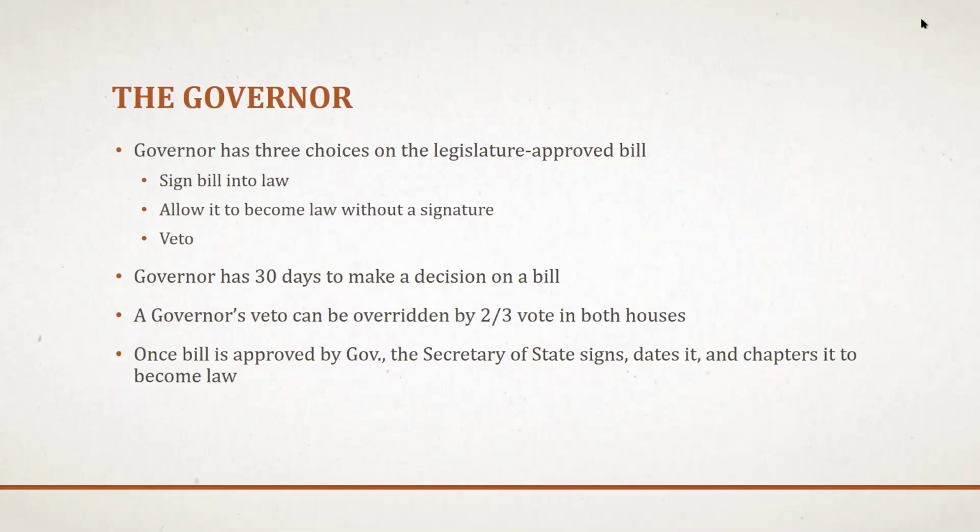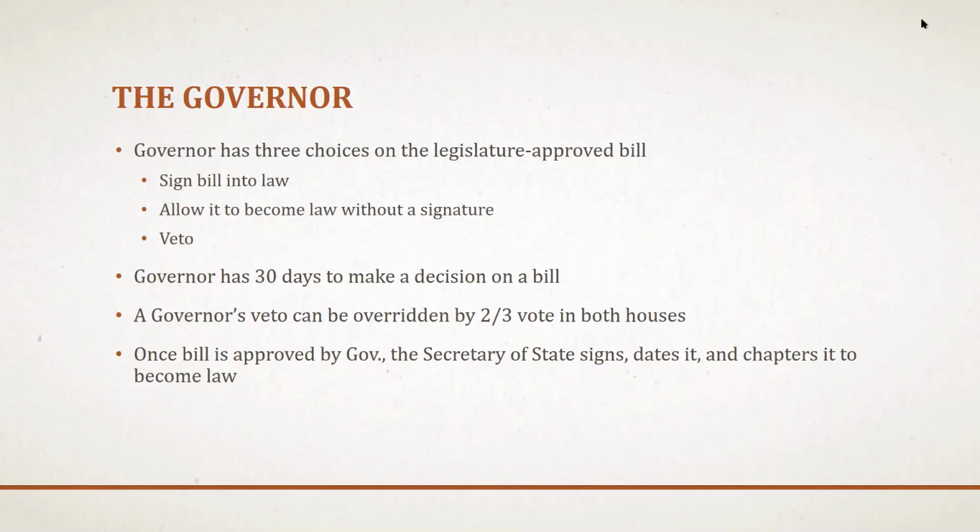So that way by January 1, the bill could be enacted, right? If the governor signs it within 30 days, great, it's signed, it'll be good on January 1st. If he or she vetoes it, if we get a female governor at some point, the bill dies right there. But if those 30 days pass, then the bill gets chaptered.